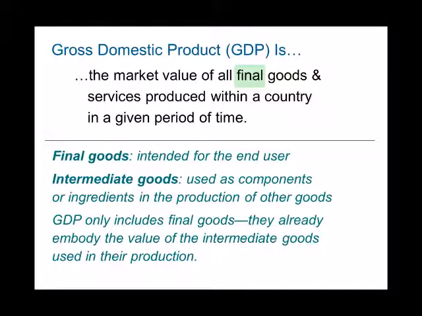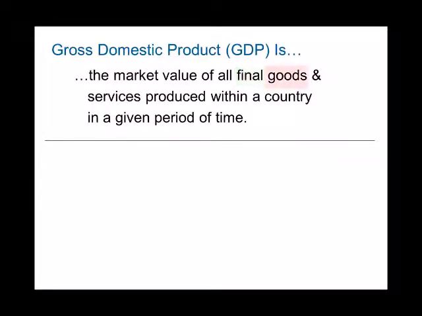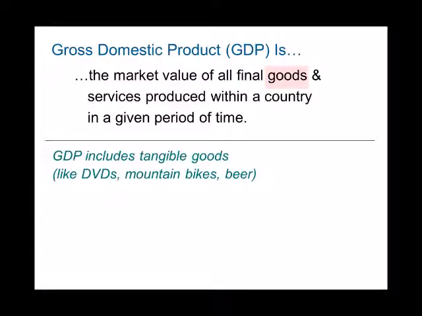So GDP only includes final goods, and the reason is the final goods already have embedded within them the value of the intermediate products that are used in the production of the final product. GDP includes all the tangible products that we have, like food, clothing, DVDs.